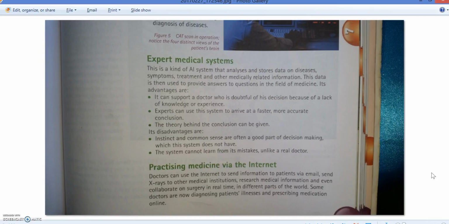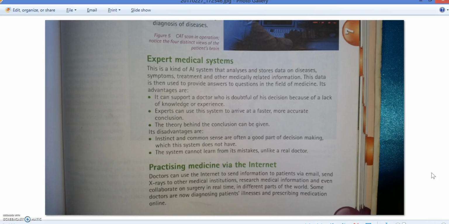It also cannot learn from its mistakes, unlike a real doctor. Despite these disadvantages, it can support a doctor who is doubtful about their decision, and it can arrive at a conclusion faster and may even be more accurate because of the expert knowledge that it contains.